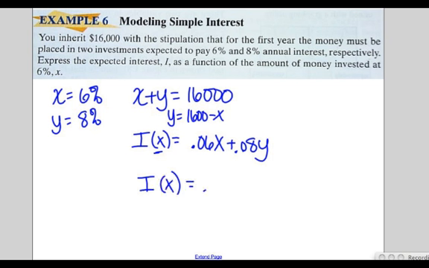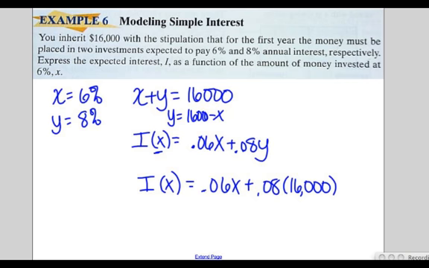If we substitute that below, and I'm sorry, 16,000, we get that equation. Now you could go ahead and simplify just a tad bit, or you could leave it like that.